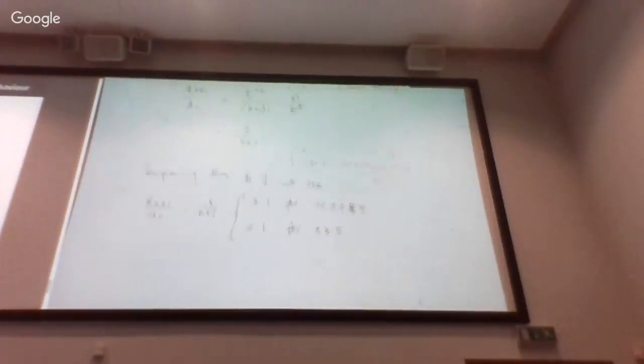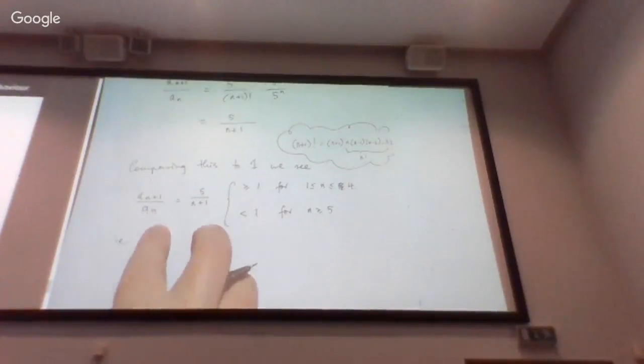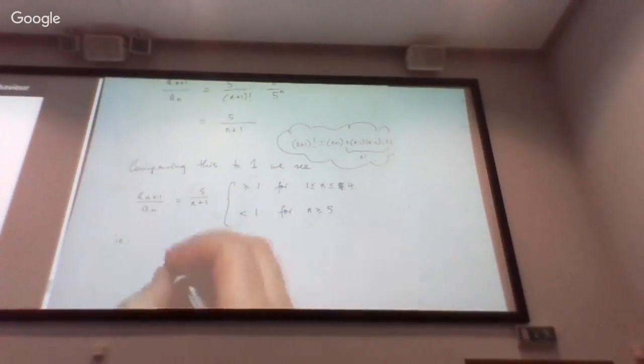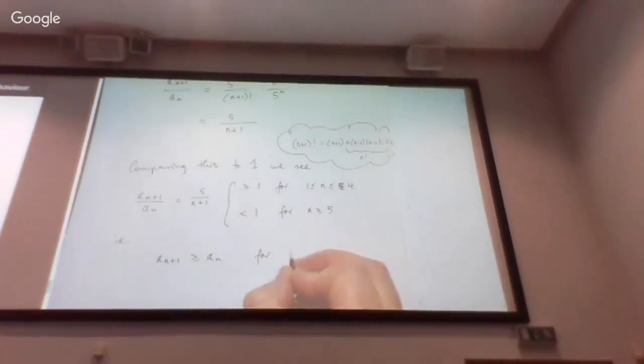So we've compared this to 1, which implies that an plus 1 is greater than or equal to an for every n between 1 and 4, and an plus 1 is strictly less than an for n bigger than or equal to 5.